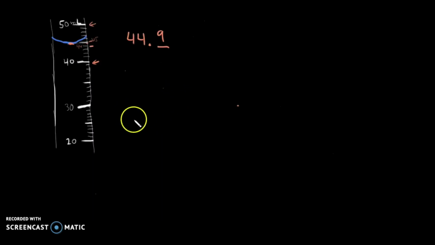So let's go back to the example we had in the previous video. Right, we were measuring the amount of liquid we had here, comparing it to our grid, right? And we found that the meniscus fell between 44 and 45, closer to 45, so we designated this number as our measurement in milliliters, right? 44.9.